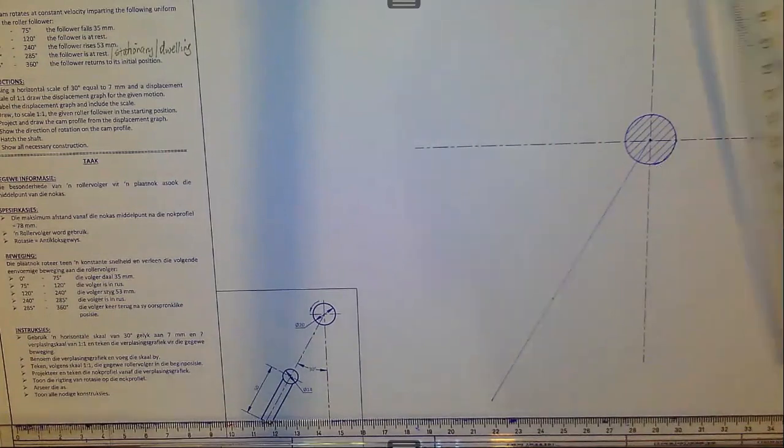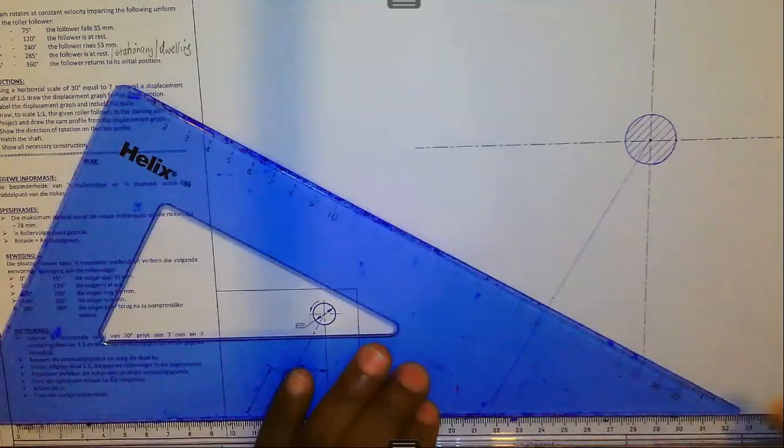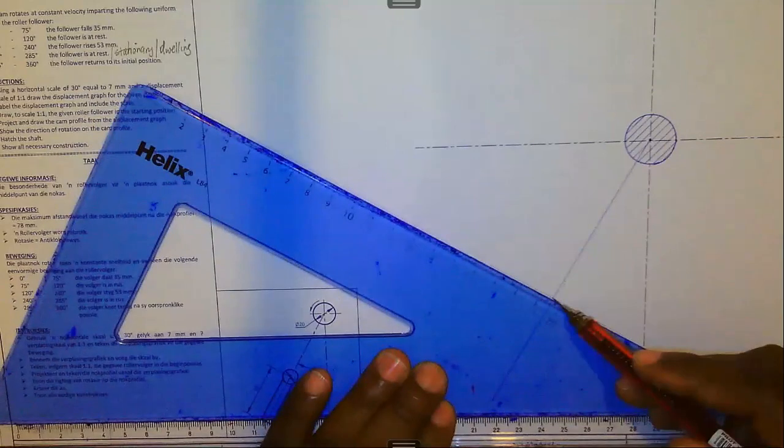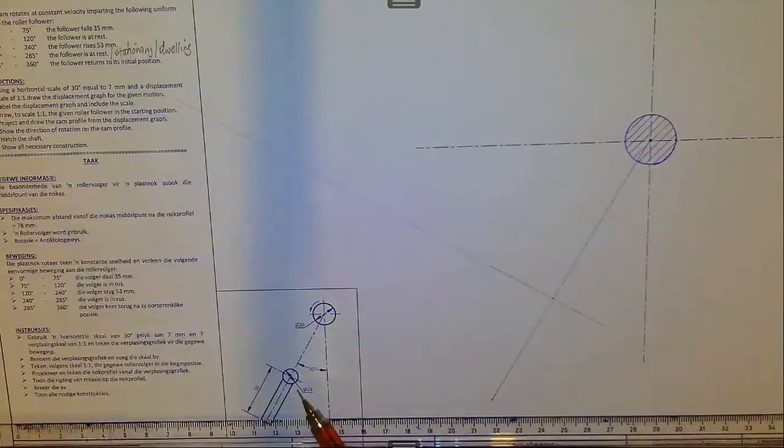Then can draw this. You can even draw a line like that. It would take you, that is displacement graph. Right, and the diameter of the roller is diameter 14. So radius 7.